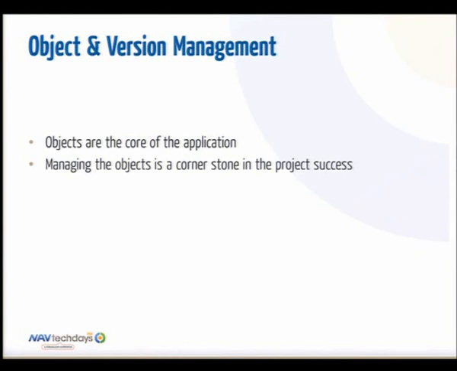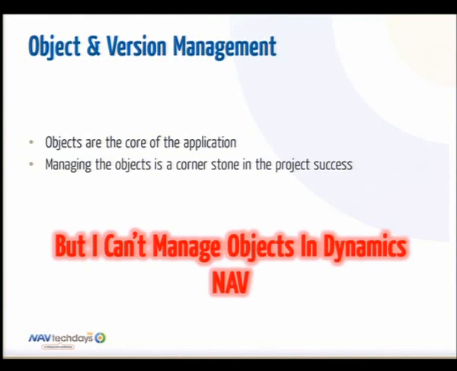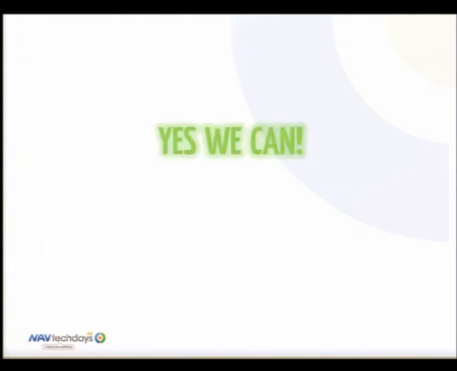But as we all know, we have this lovely object designer, and it allows me to change the entire application, but I never get deltas, and I only have this weird modified flag and a version list that only contains 100 characters or 80 or something like that. Well, the good news is there are many ways to do version management in Dynamics NAV.